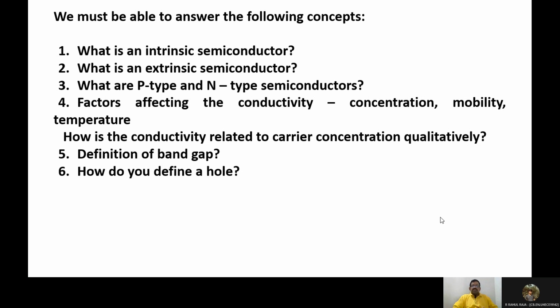The states are filled. Now, when I heat the semiconductor, the electron goes to the conduction band by acquiring thermal energy, leaving that state in the valence band empty or unoccupied. That is how a hole is created. So we call it the electron hole pair created due to thermal processes.